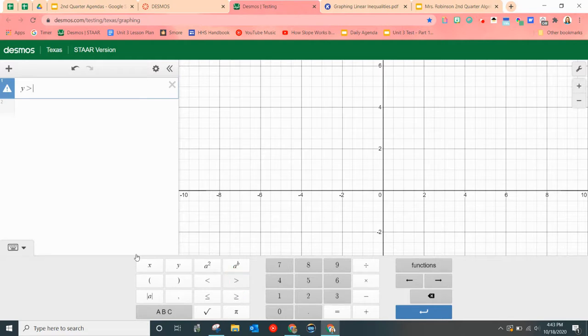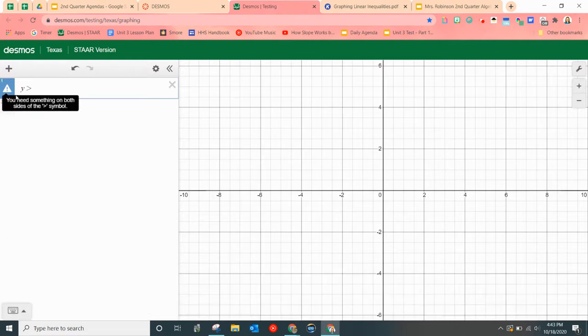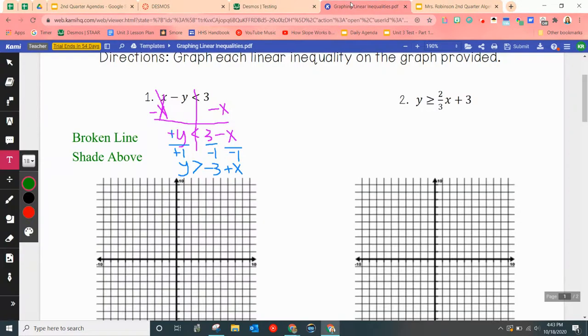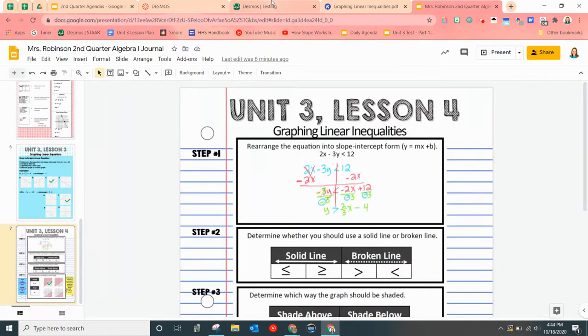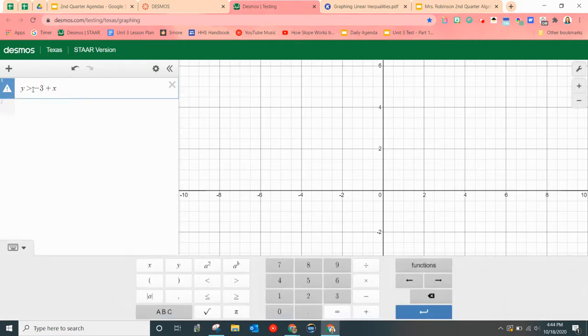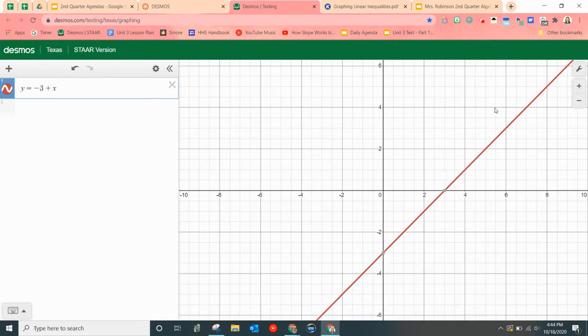It's not going to graph it. Y is greater than -3 plus x. Whoops. It's going to tell you it's disabled. It's not going to plot inequalities. So what you can do is just replace your inequality symbol with an equal sign. That will give you the line. That will give you 2 good points.